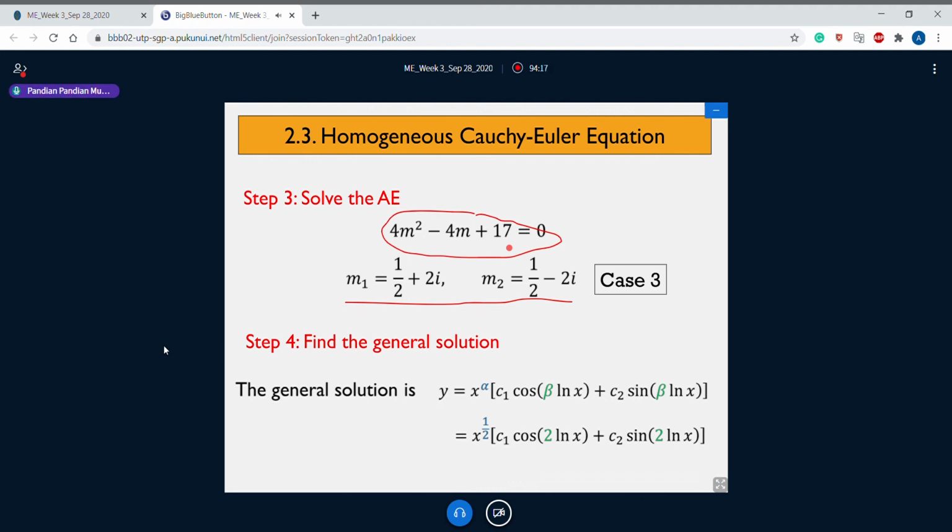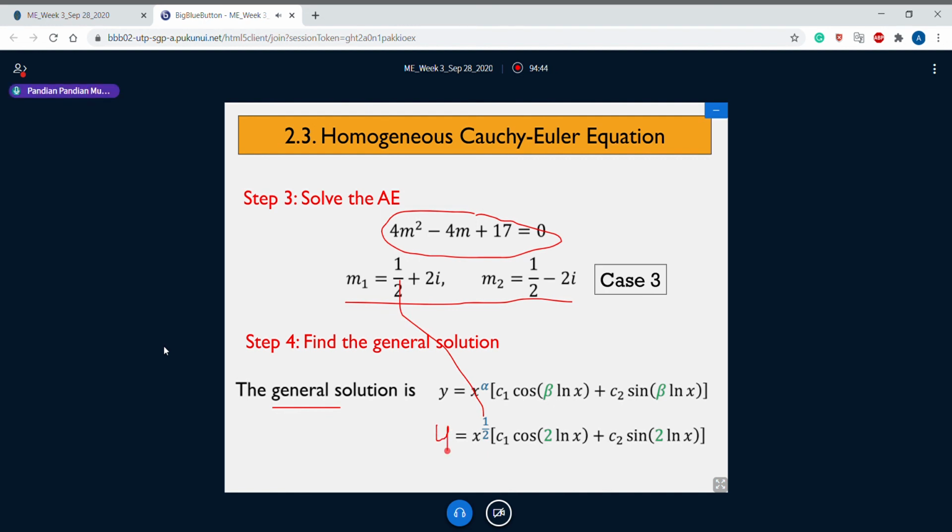16 is the root of 256. So your final answer will be, alpha is half. Your general solution is y equals x power alpha. So alpha is half, put it here.